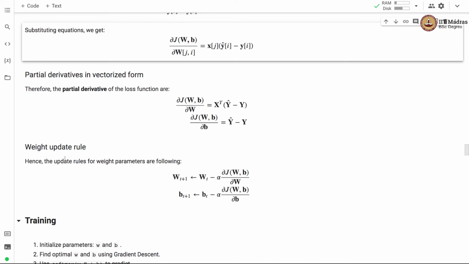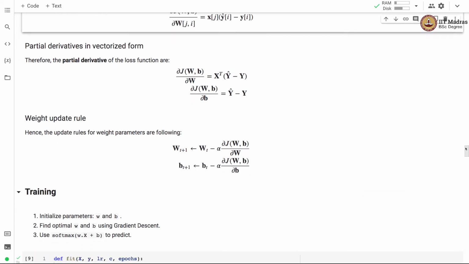So we get the weight update rule. The weight for the next iteration is updated with the current weight minus alpha times the partial derivative of loss with respect to the weight, and the bias is updated with the current value of bias minus alpha times the partial derivative of the loss with respect to the bias vector.